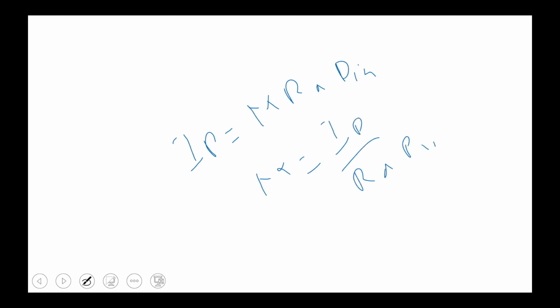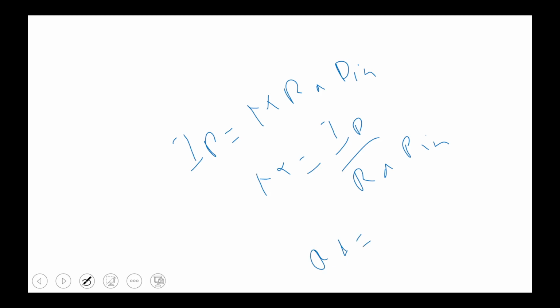Yes, sir. So you have the direct formula: photocurrent IP equals multiplication factor into responsivity into power in. From that, the multiplication factor is IP upon R into P in. You are already given the power, 0.5 microwatt, and the photocurrent of 10 microampere, and you have to calculate the responsivity. From the quantum efficiency given, you can calculate the responsivity.